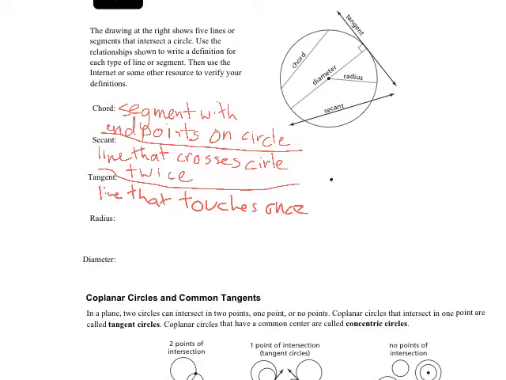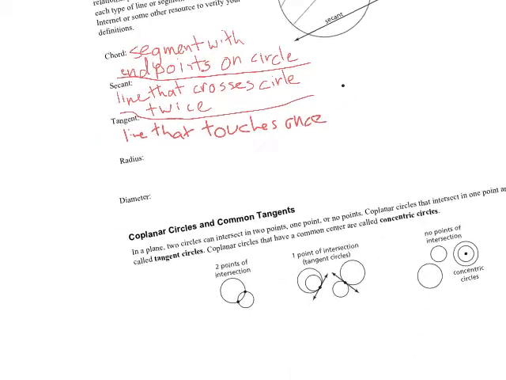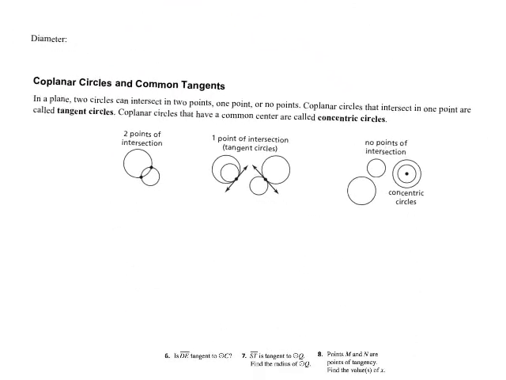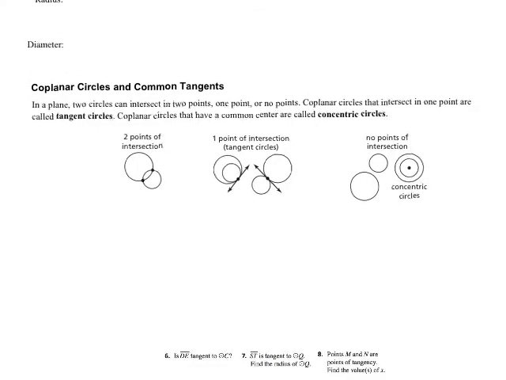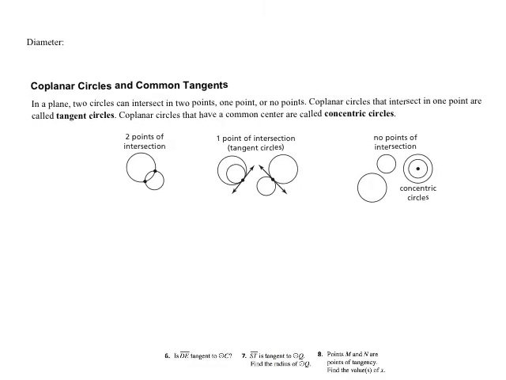Okay, so then we have some coplanar circles and common tangents. So these are a couple more pieces of more in-depth vocab. Coplanar just means that they lie on the same plane, okay?